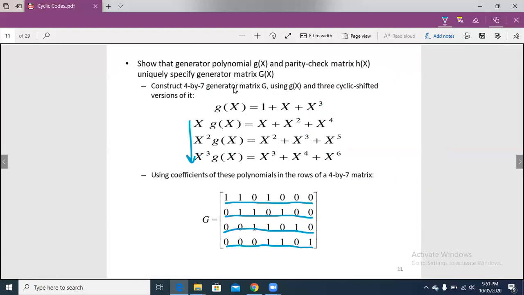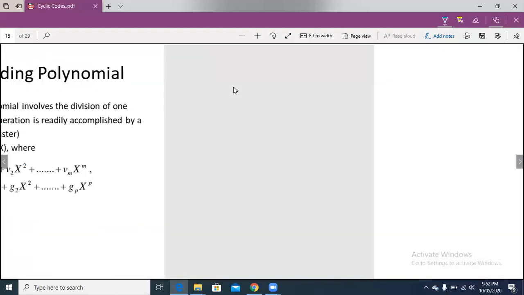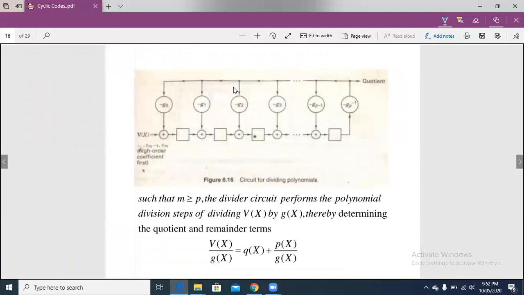Later we learn how we can implement the circuit for this matrix. This circuit is in fact a divider circuit, and in this divider circuit we have V of x, the shifted version of the message.